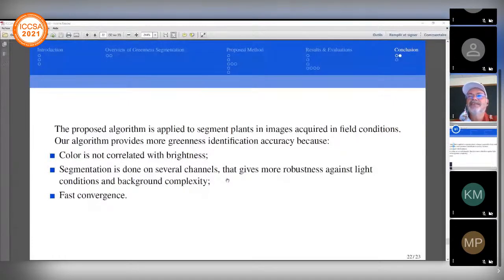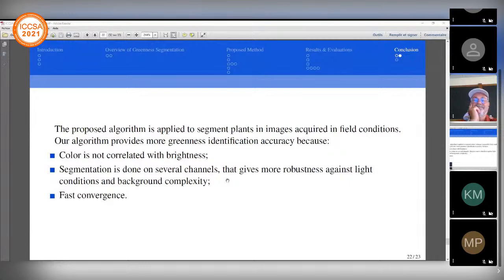No, this is clear. We have proposed an algorithm able to deal with agriculture images taken in field conditions. Our proposed algorithm gives a good segmentation accuracy because color is not correlated with the brightness.